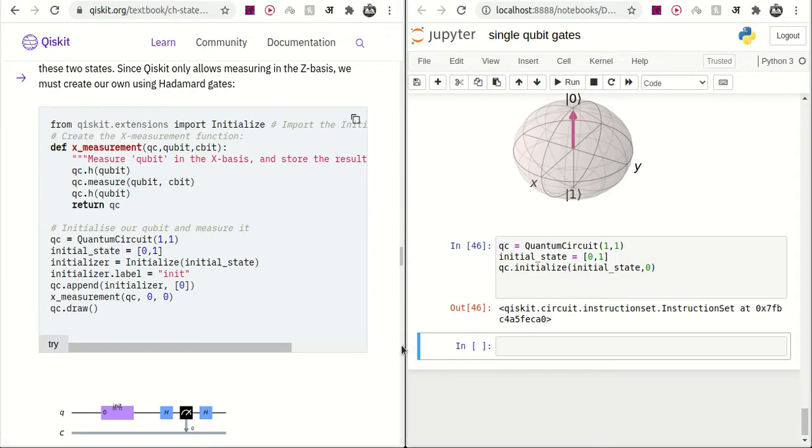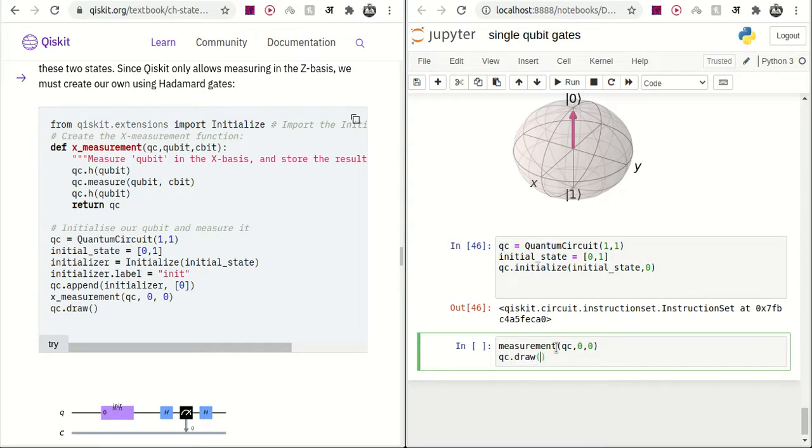Since we are going to measure, we draw the circuit with qc.draw.